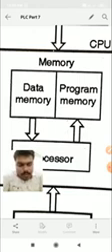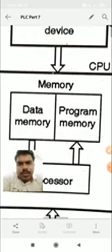Next, we will use the programming device. It is used for communication between the user and the PLC.